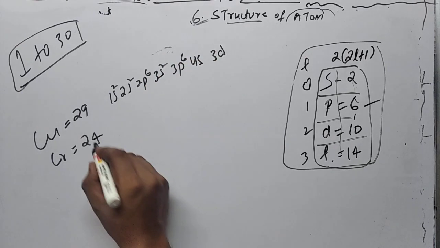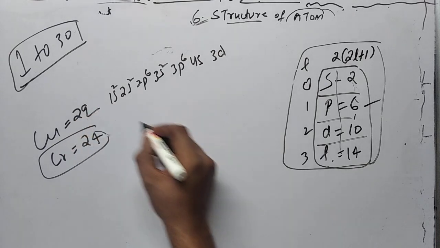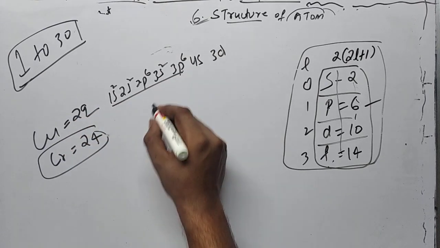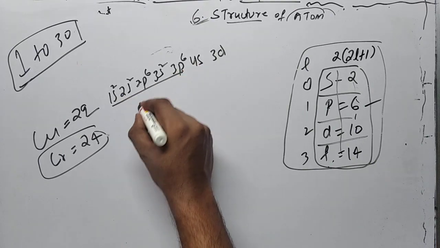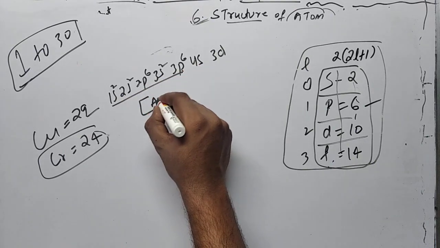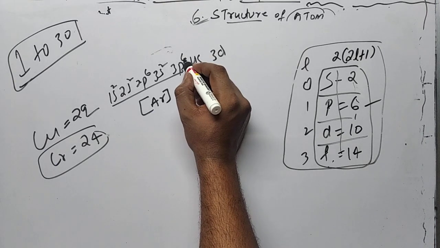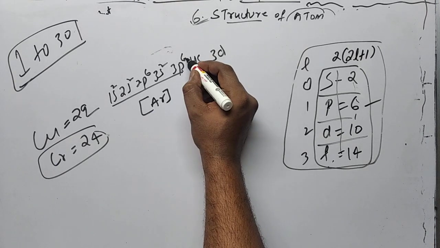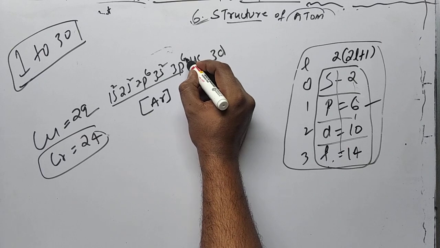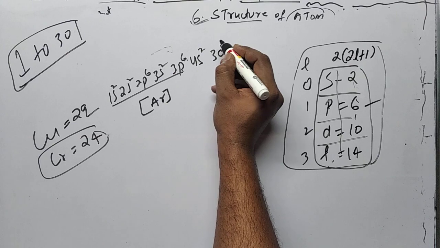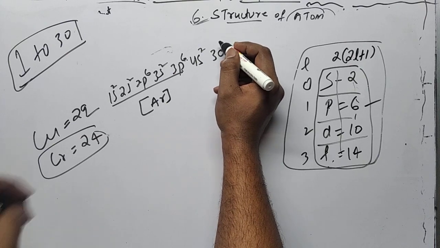Or else, you can directly write argon after 3p6, because this is the electronic configuration of argon. So next, how many electrons are left? How many are filled? 18. So 2 more electrons will be filled in 4s, and the remaining 9 electrons will be filled in 3d.